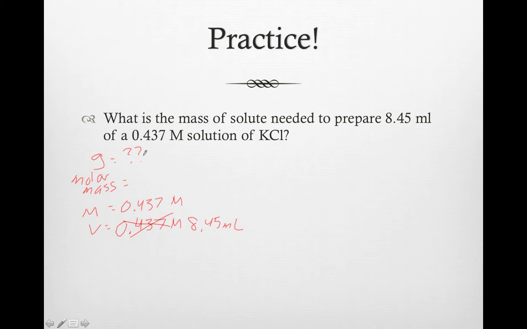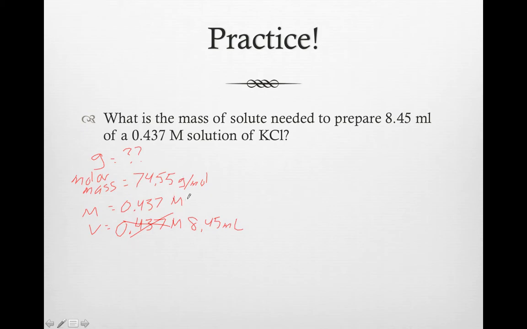I'm looking for my mass, and then I can go to my periodic table and get my molar mass. Okay, Google, what's the molar mass of potassium chloride? According to Google, the molar mass of potassium chloride is 74.55 grams per mole. I don't have my periodic table with me, so we cheated. So I know my molar mass, my molarity, and my volume.